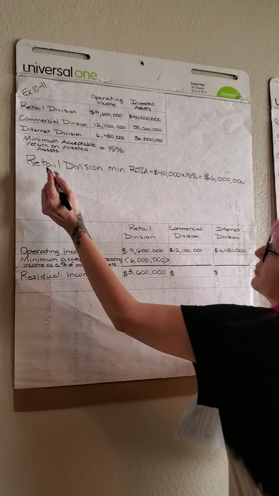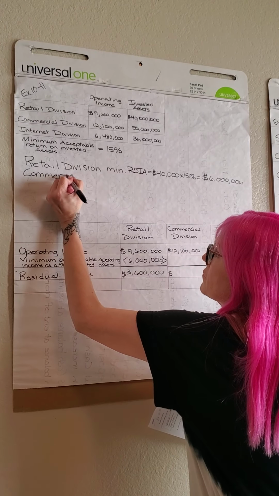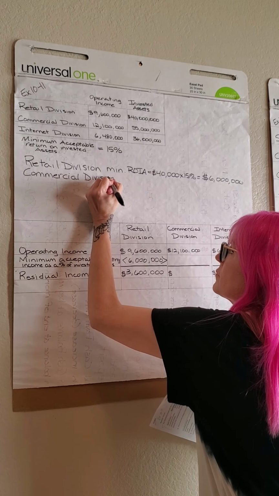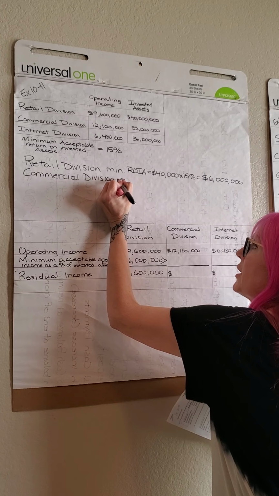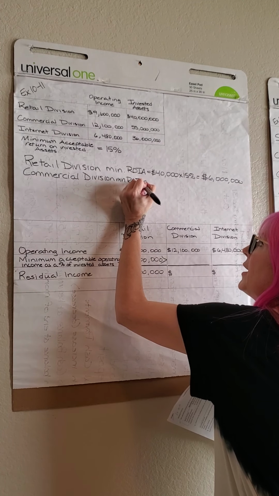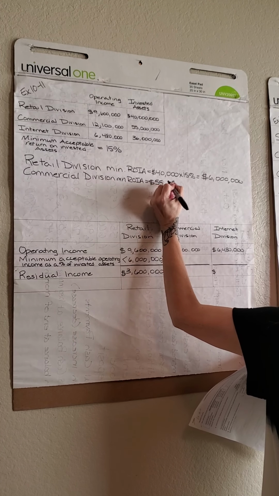We're going to do the same thing for the commercial division. Again, we're going to do that minimum ROIA, and this time we're going to take the 55 million.